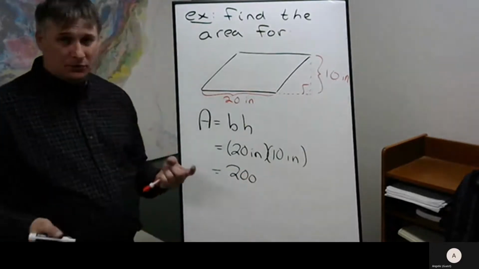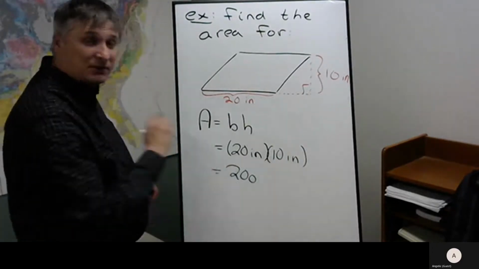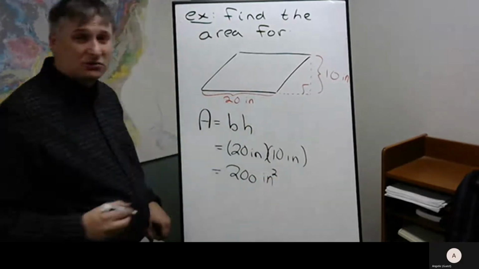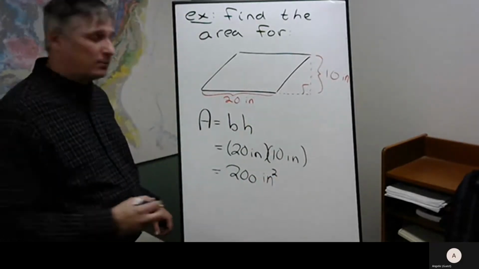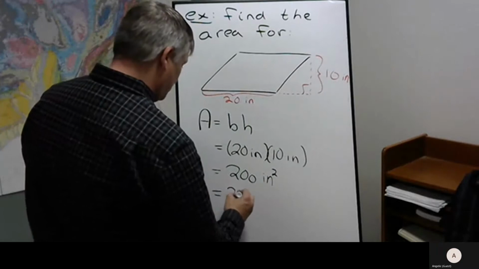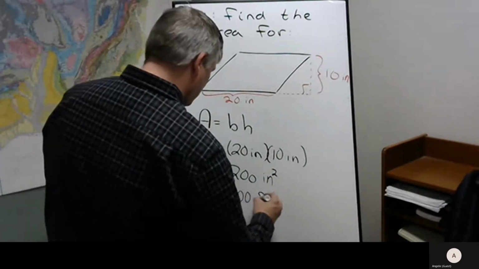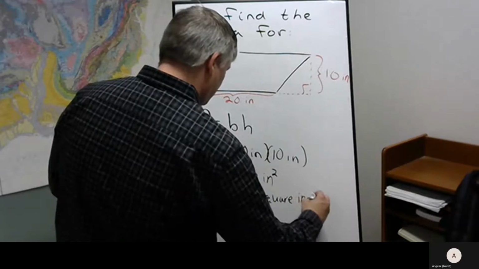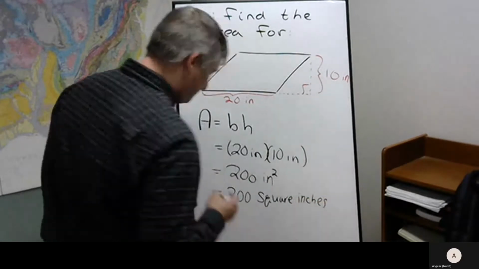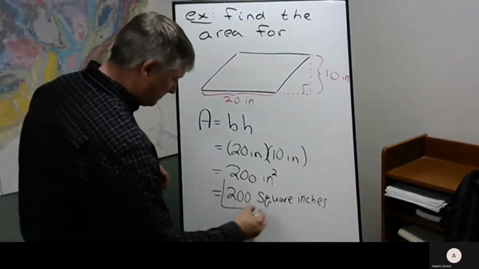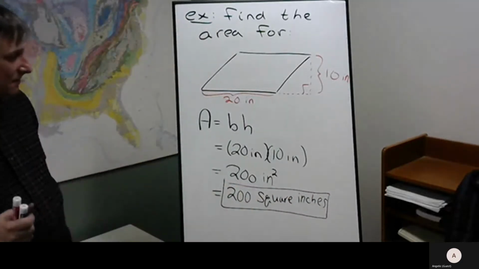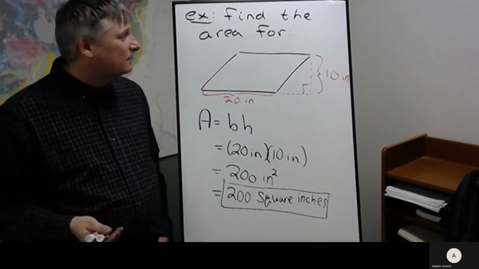So 20 times 10 is 200, and then inches times inches, the inches squared, or oftentimes what you're going to see in the homework, 200 square inches. So that's going to be your answer.